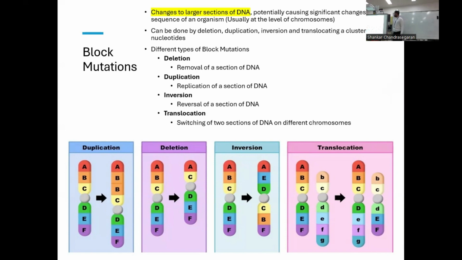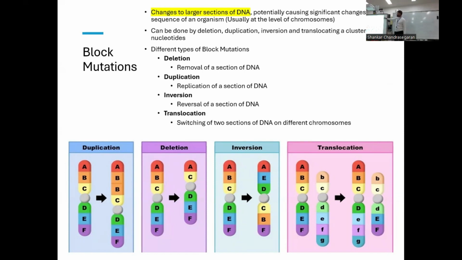And then last is translocation, which is basically when two chromosomes have switched places altogether, right? So one is all capital, the other one's all lowercase, and translocation causes them to switch places with each other, right? So look at the EF, which is capital, moved into this chromosome, and look at the lowercase, which is moved into that chromosome. Okay.